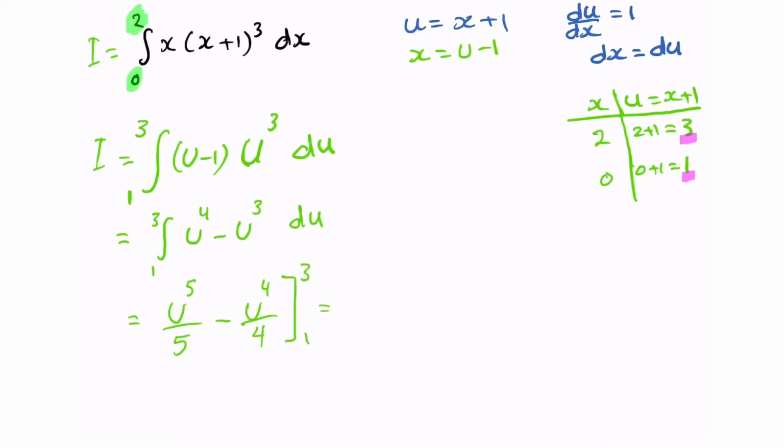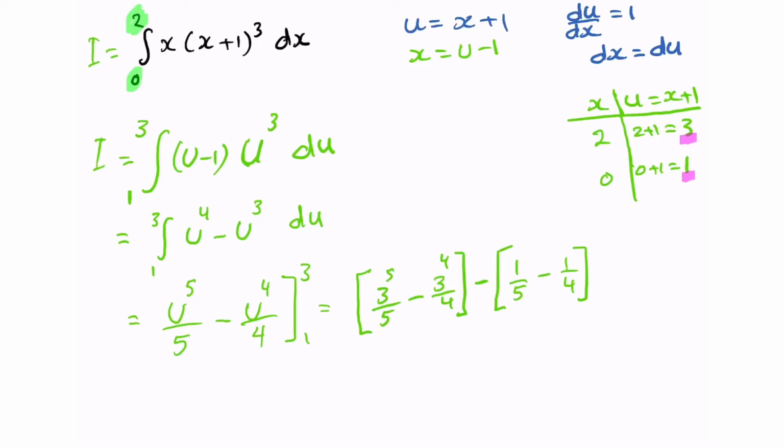To do this, we substitute u by 3 first and then minus substitute u by 1. So this is going to be 3 to the power 5 over 5 minus 3 to the power 4 over 4, minus, and now we substitute each u by 1, so 1 to the power 5, which is 1 over 5, minus 1 to the power 4 over 4, which is 1 over 4. Okay?